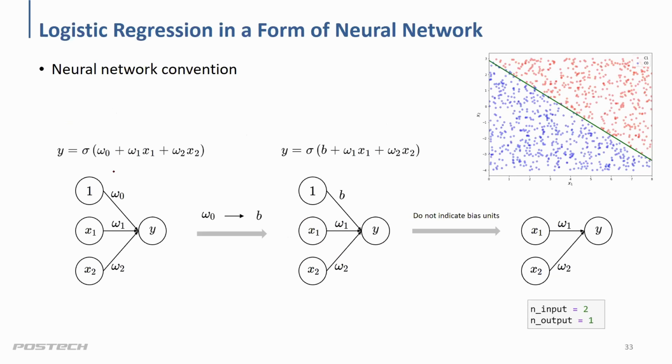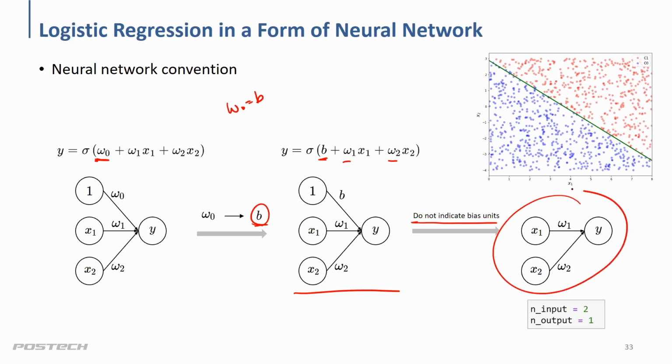I'm going to change the notation to B, because in the artificial neural net community they use B to denote the bias. These are the same. That is the right notation, but for simplicity, I'm not going to indicate the bias units. I'm just going to write it like this.